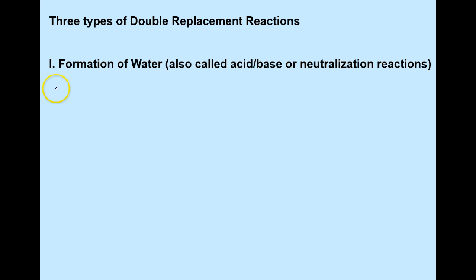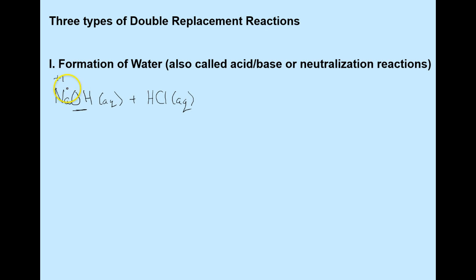We have a base, sodium hydroxide, NaOH, and what tells us it's a base is that OH. We talked about that before. That's an aqueous solution, and we're going to react that with an acid, let's say hydrochloric acid. And I mentioned before that acids are aqueous solutions. Now, what I want you to do, just like in single replacement reactions, is put the charge above.